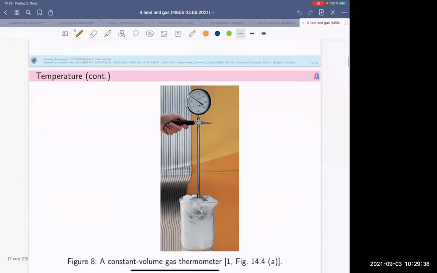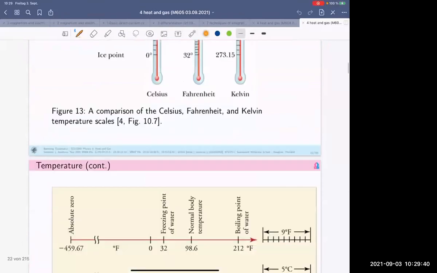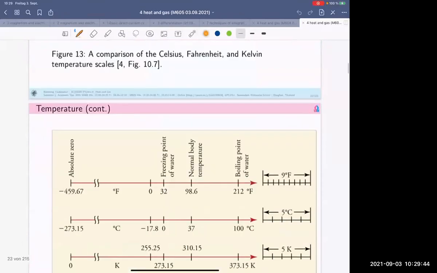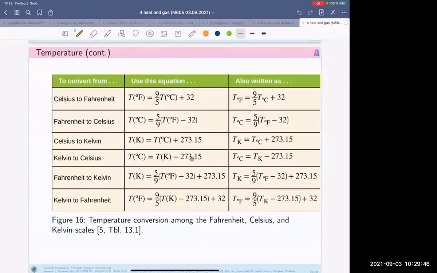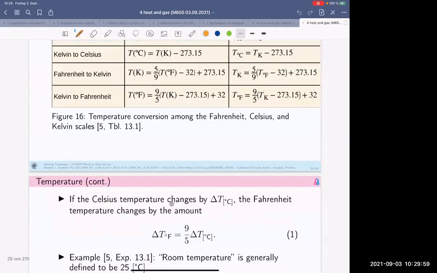The problem is about the conversion of the temperature units: Celsius to Fahrenheit, Fahrenheit to Celsius, Celsius to Kelvin, Kelvin to Celsius, Fahrenheit to Kelvin, Kelvin to Fahrenheit. We will have 3 examples for the conversion of different temperature units like this, and you can also choose this one as a choice.